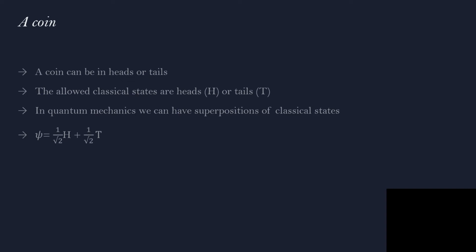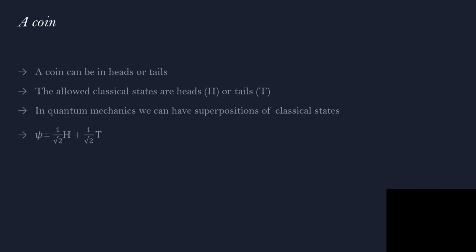Now, the coefficients next to the capital H and capital T are numbers which refer to the probability of the system in this quantum mechanical state being found in the corresponding classical state.